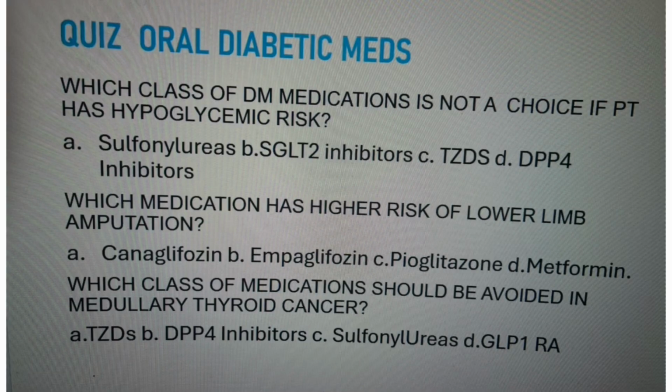Quiz on oral diabetic medications. Which class of diabetic medications is not a choice if the patient has hypoglycemic risk? A. Sulfonylureas, B. SGLT2 inhibitors, C. TZDs, D. DPP4 inhibitors. Which medication has a higher risk for lower limb amputation? A. Canagliflozin, B. Empagliflozin, C. Pioglitazone, D. Metformin.